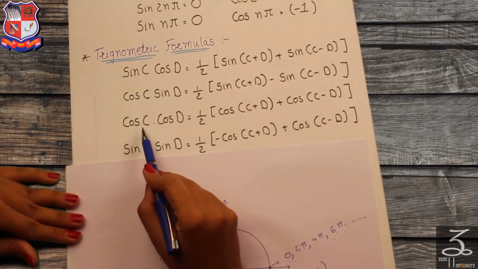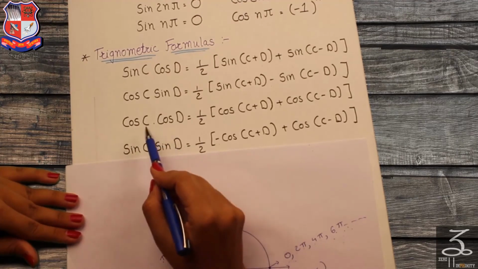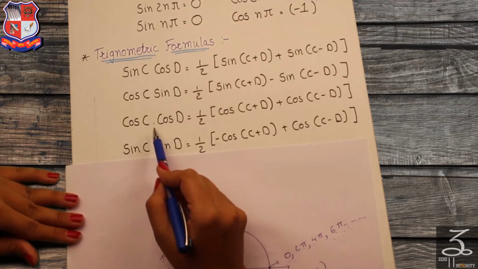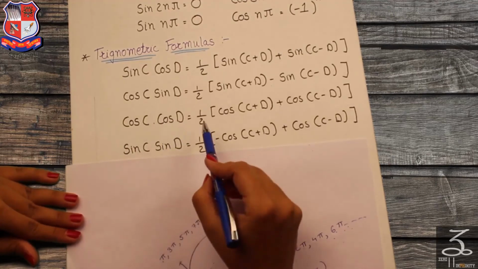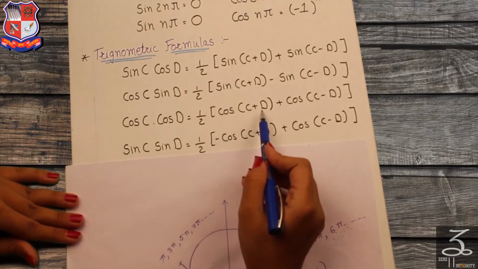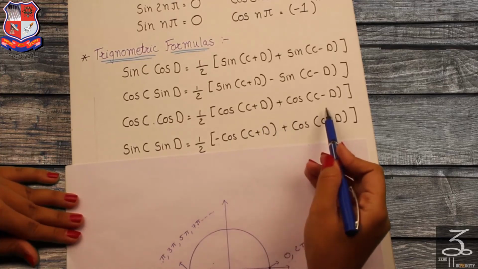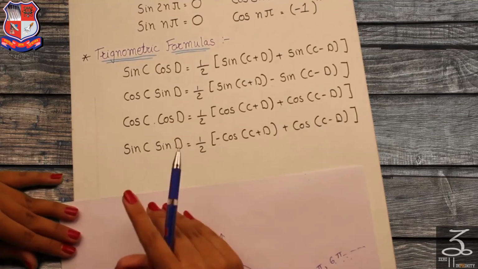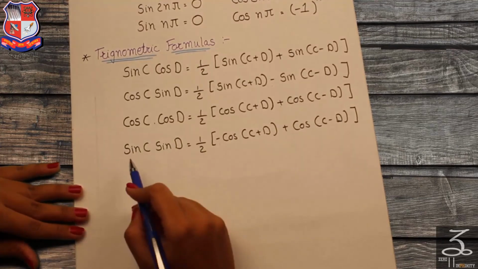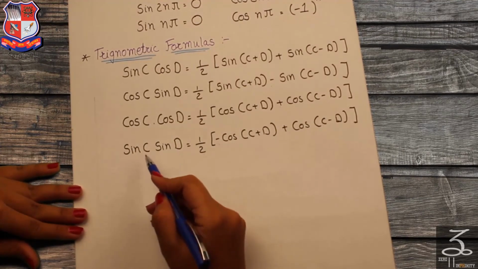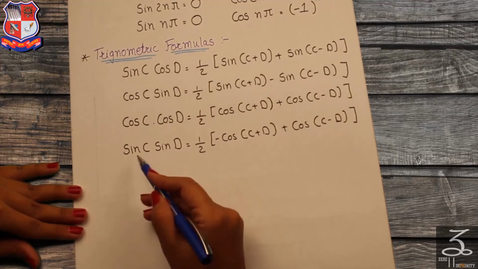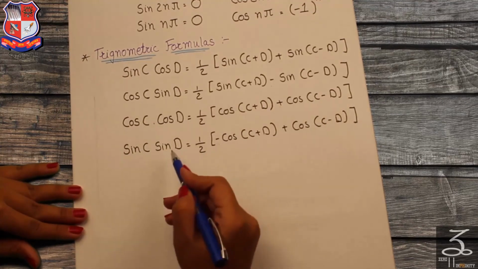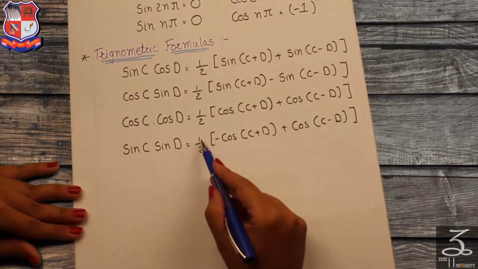Now the next formula is cos c into cos d, that is the multiplication of two same functions with different angles. Then it would be 1 by 2 into cos c plus d plus cos c minus d. And last but not the least, the multiplication of two sine functions, that is sin c into sin d. Both functions are the same but the angles are different.